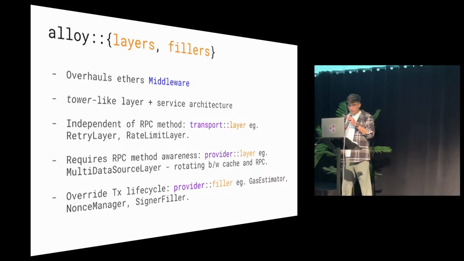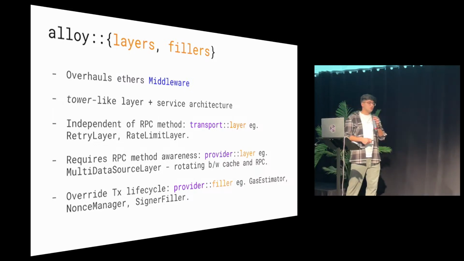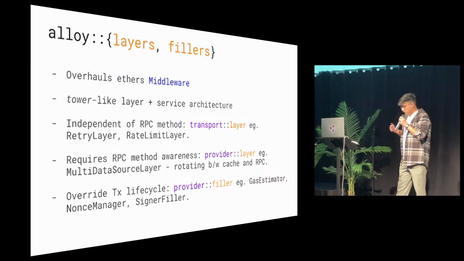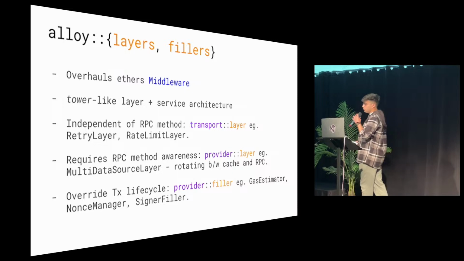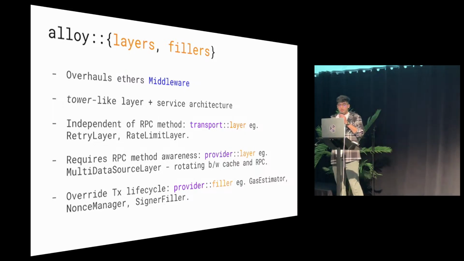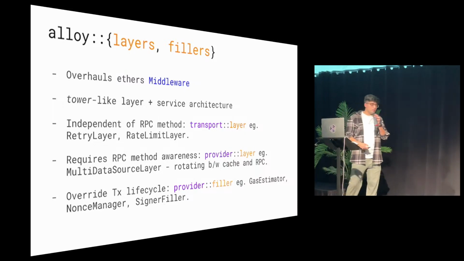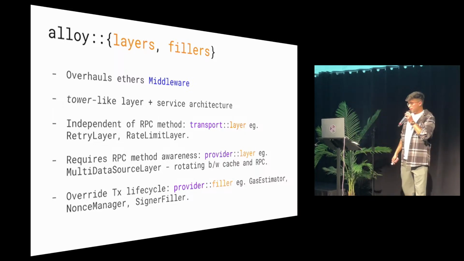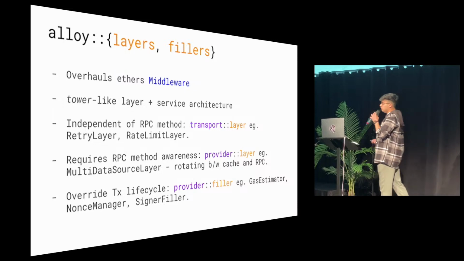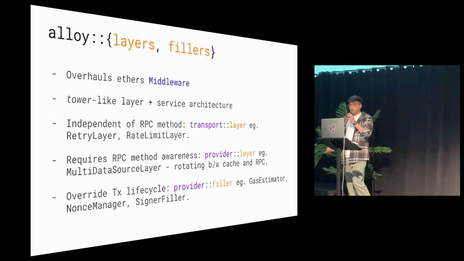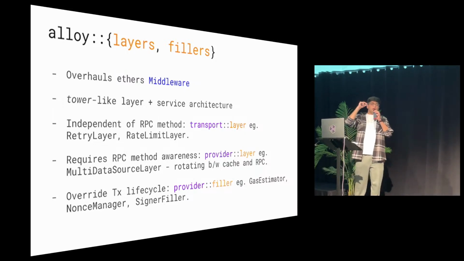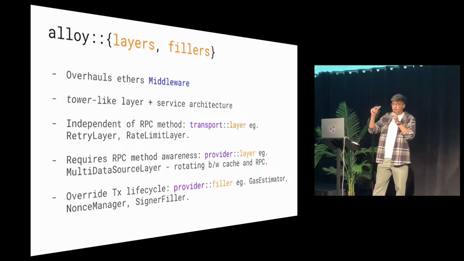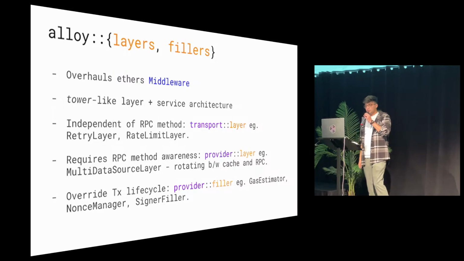An example of that is a multi-data source layer. Let's imagine you want certain methods of the RPC to fetch directly from the network and certain methods to fetch the response from the cache if available. You'd write a provider layer implementation that will let you do that and granularly override the provider trait and write the implementation for each RPC method you want.